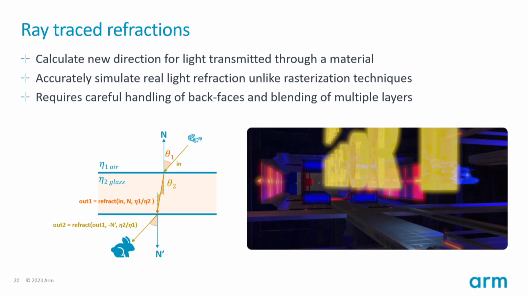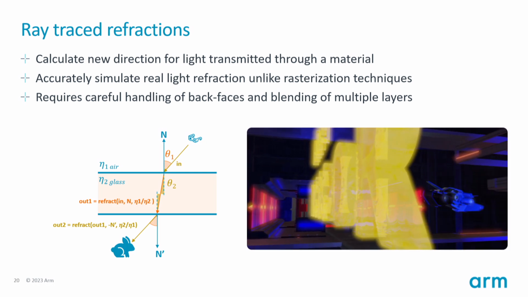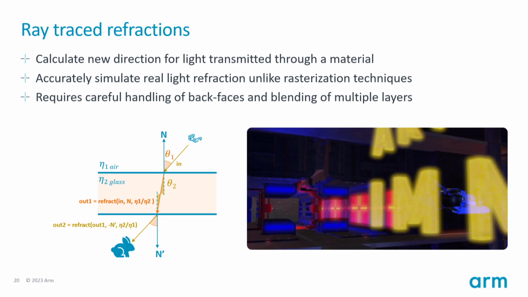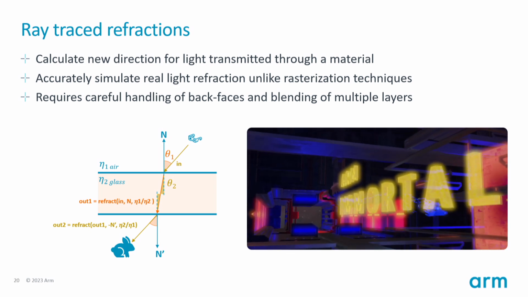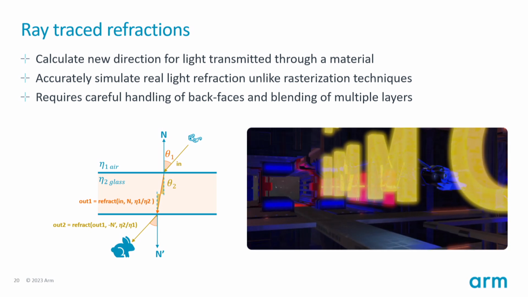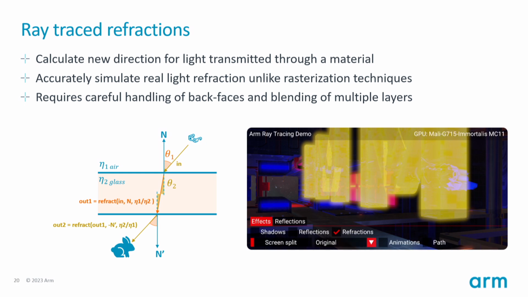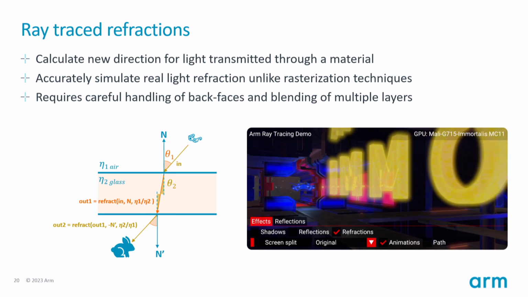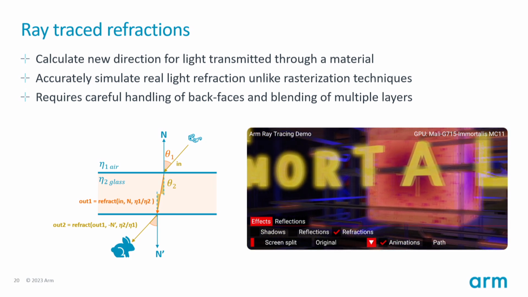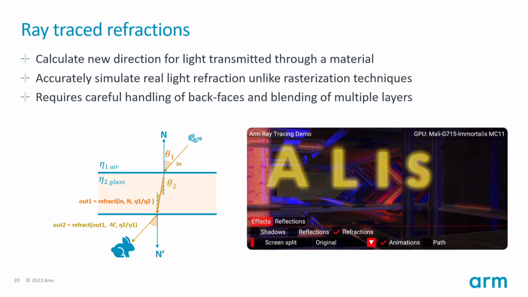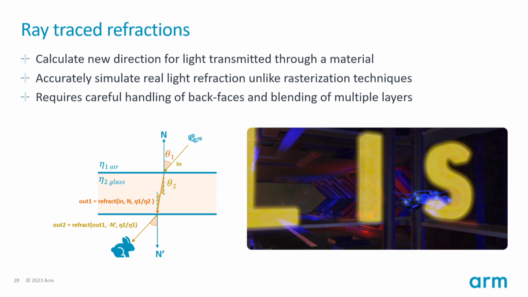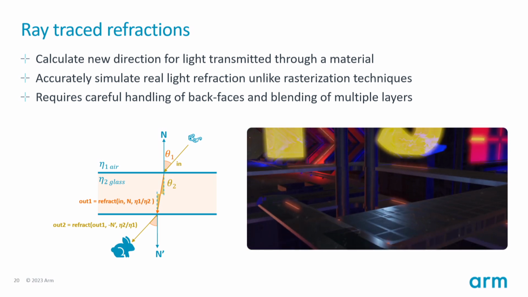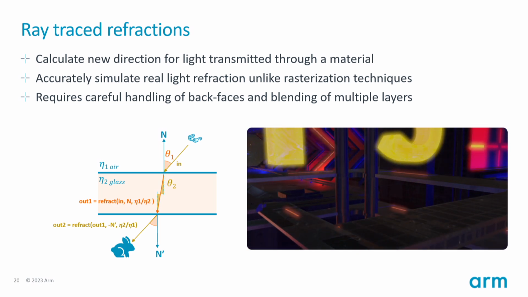But with ray tracing, we are actually replicating how the light would behave in reality, so we achieve a more realistic result. So reflection and refraction are very tricky to handle in the traditional rasterization way, and ray tracing can simply resolve the artifacts.